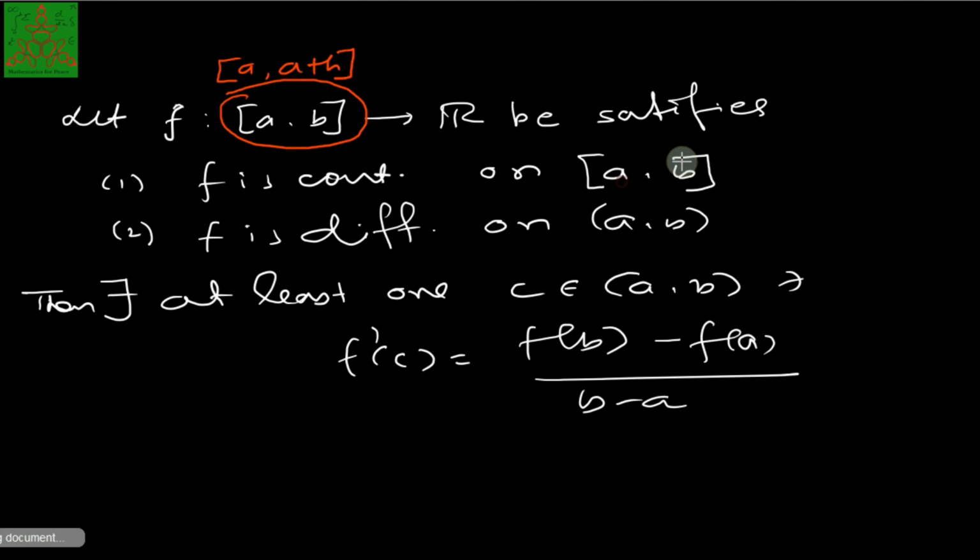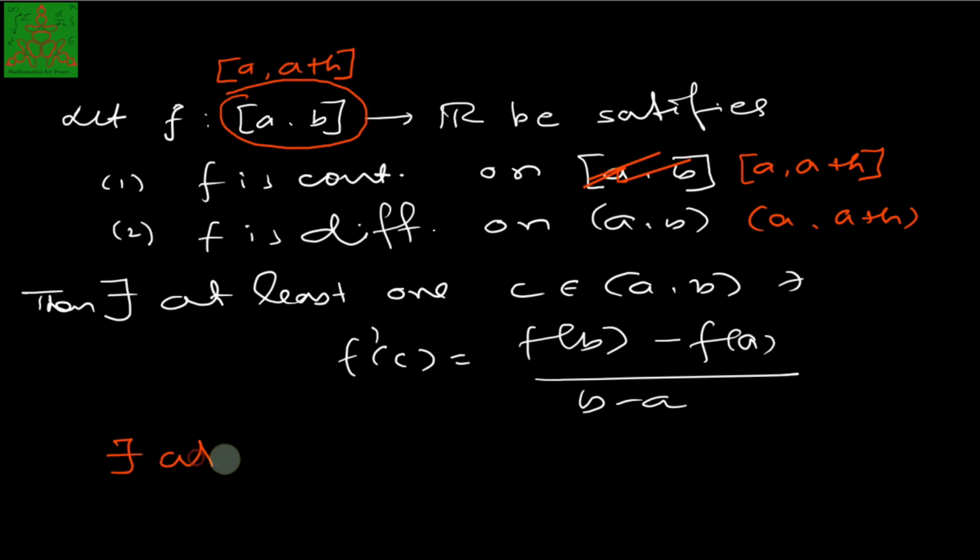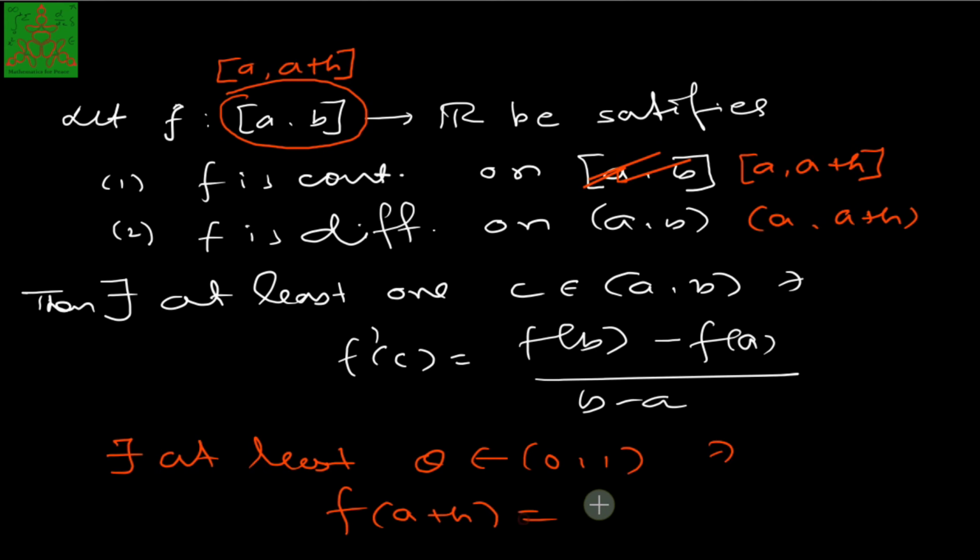So f is continuous on [a, a plus h], and differentiable on the open interval (a, a plus h), and the output is that there exists at least one theta between 0 and 1 such that f(a plus h) is equal to f(a) plus h times f'(a plus theta h). So this is another form of the Lagrange mean value theorem.